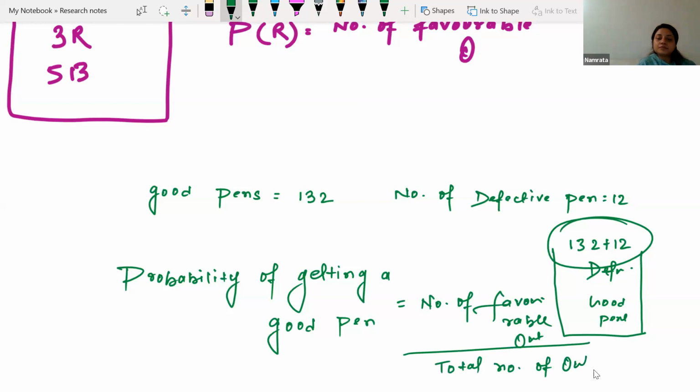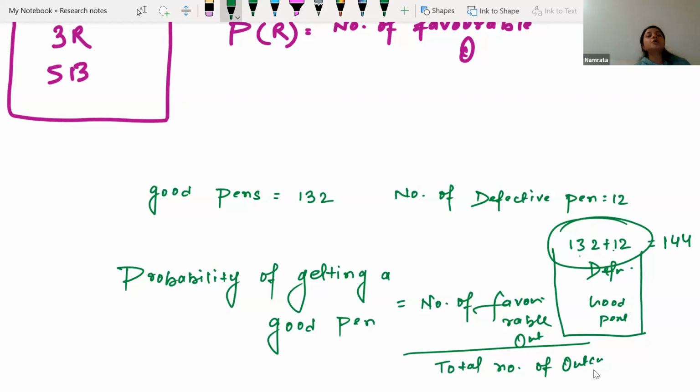Now once we try to pick out the good pen from this box, how many total pens are there? Defective is also there, non-defective is also there. That means total pens are 132 plus 12, that is 144 total pens.